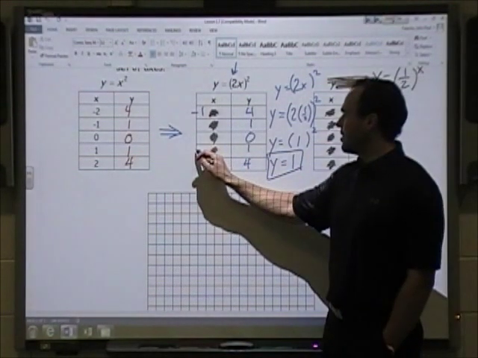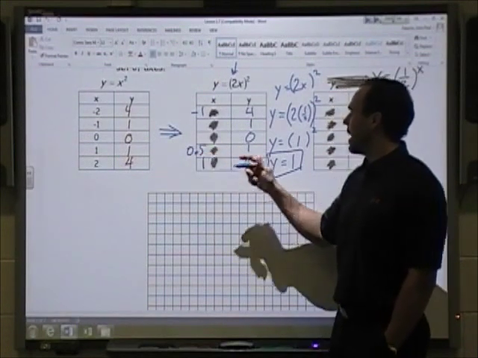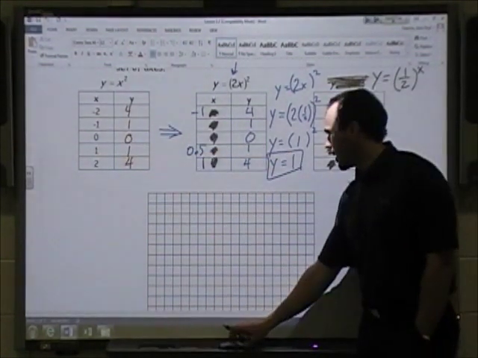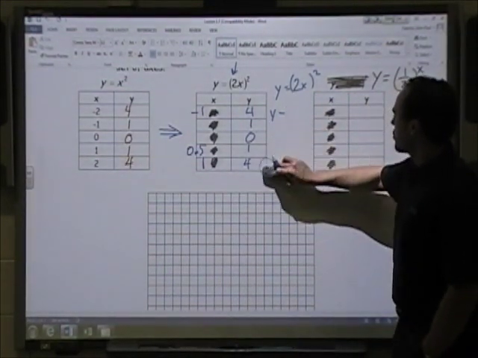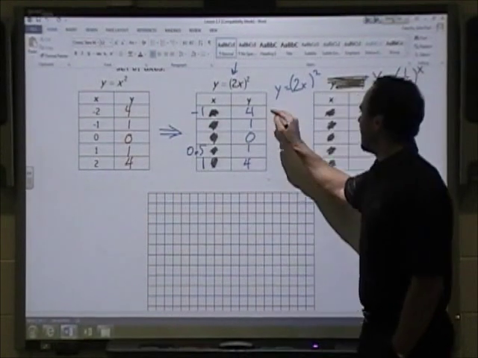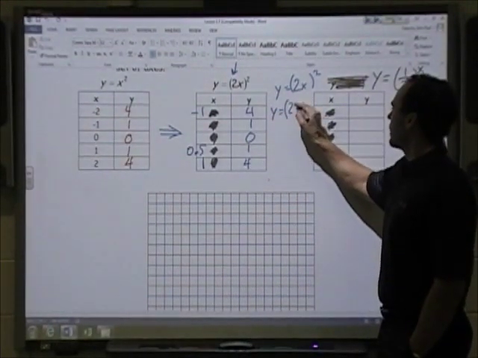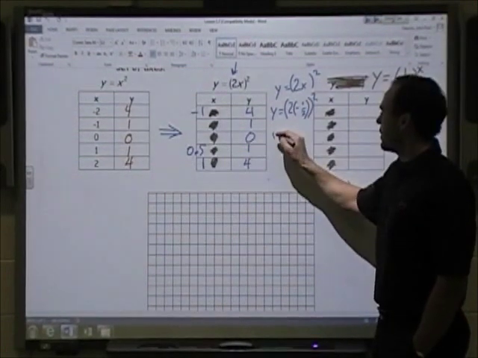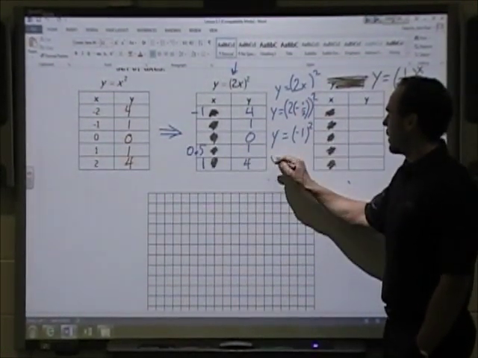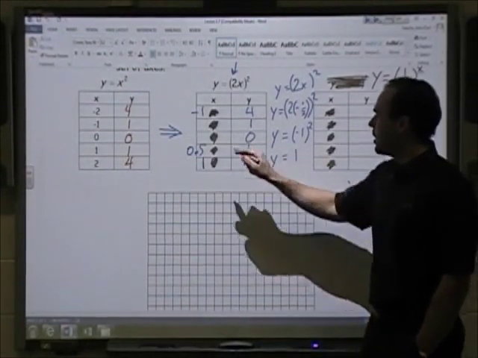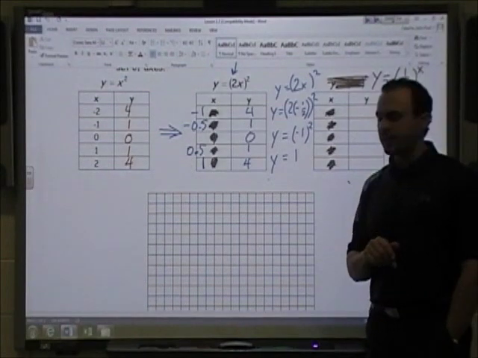So if I plug in 0.5 for x, I will get the answer of 1, working backwards. And I also notice if I plug in negative a half for x, this is going to be 2 times negative a half, which is negative 1 all squared, and negative 1 all squared is 1. So if I plug in negative 0.5, that also gives me an answer of 1.